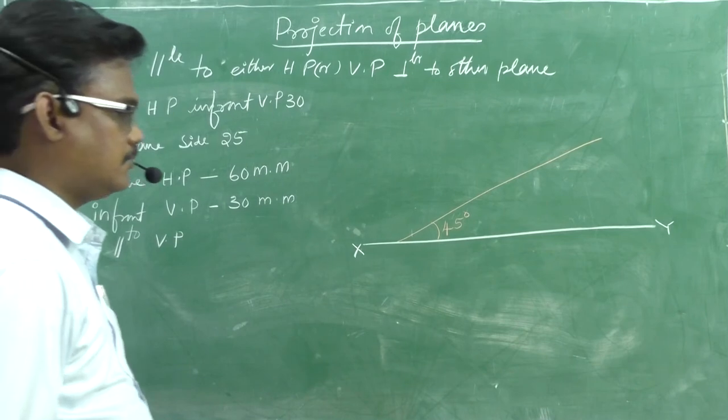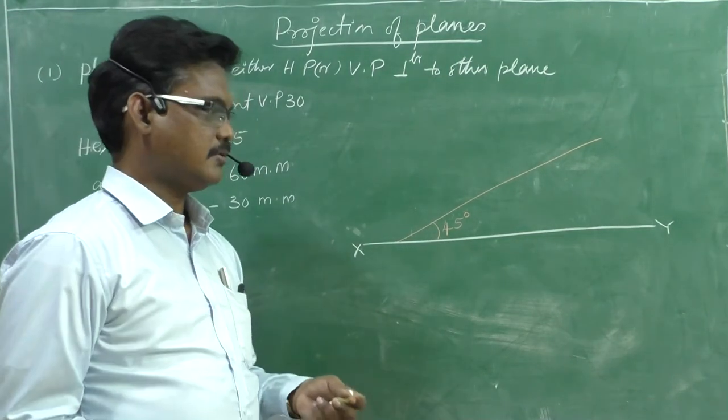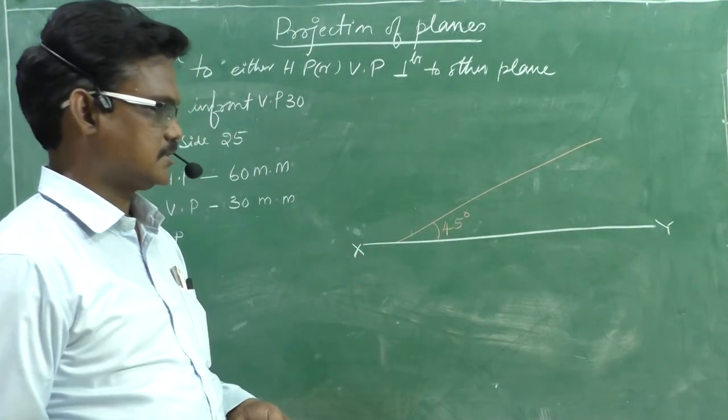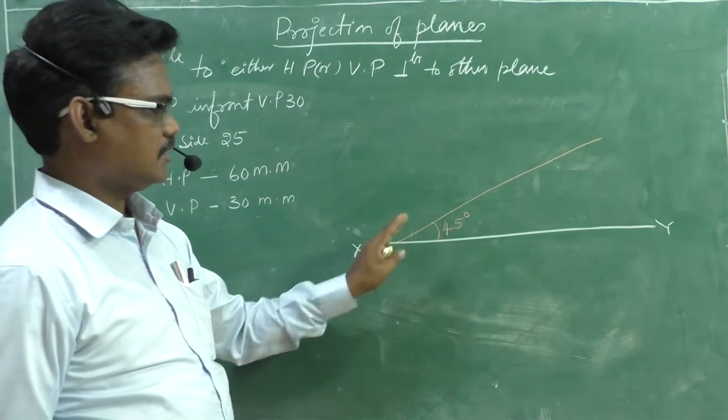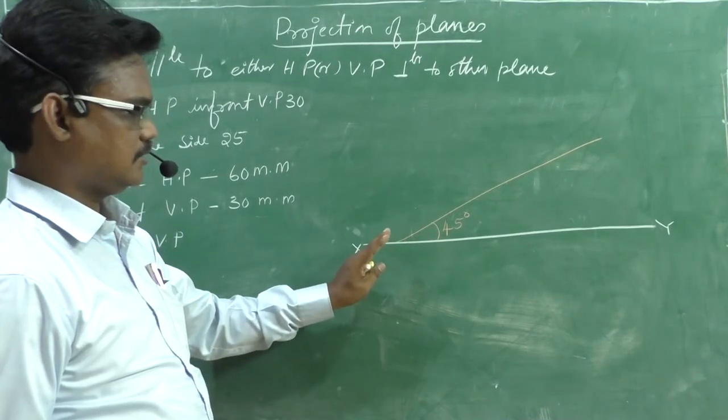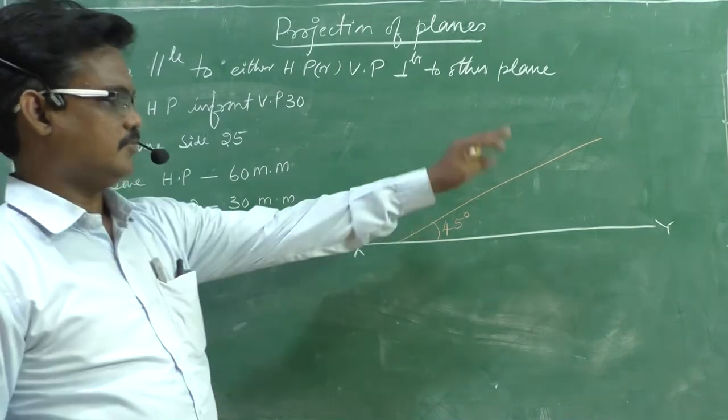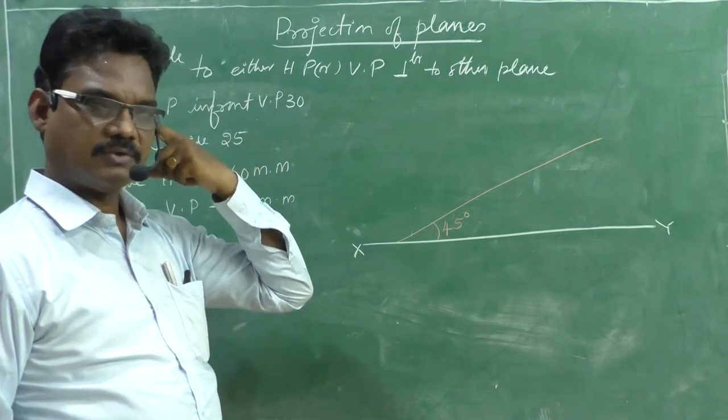Now, instead of drawing a reference line or darkening the reference line first, draw the 45 degrees line with the horizontal line. We need to draw the 45 degrees line first.